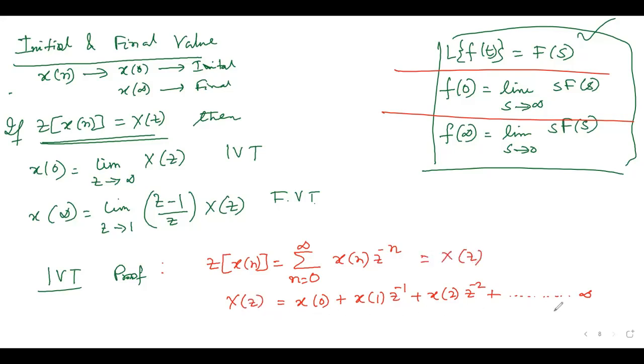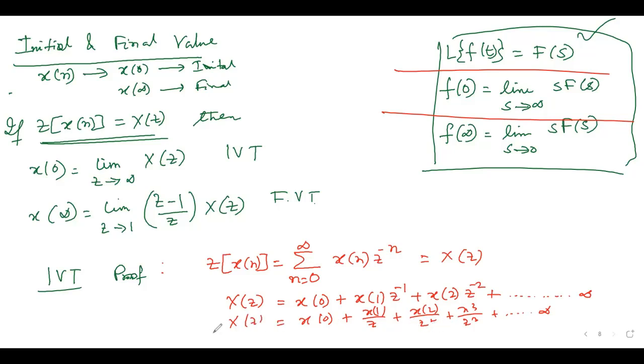So for the initial value theorem, that means you have to find x(0). You can write this as x(0) plus x(1) by z, x(2) by z square, x(3) by z cube, up to infinity. This is X(z). Now put z equal to infinity.